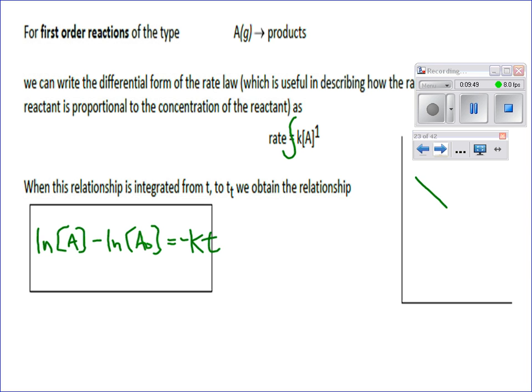So again, this is going to have a negative slope if we were to graph it. Which one of those things on the left is actually constant? ln of A naught. So I'm going to pull that one over again.